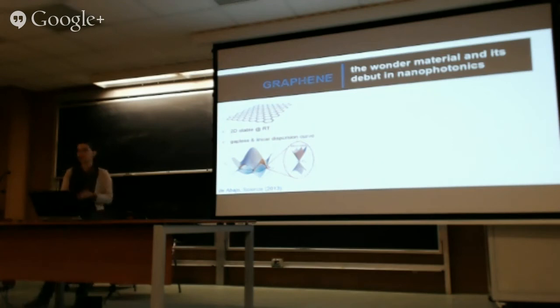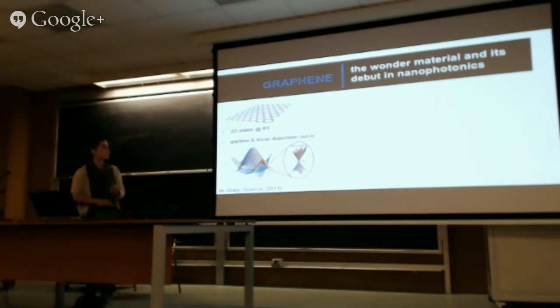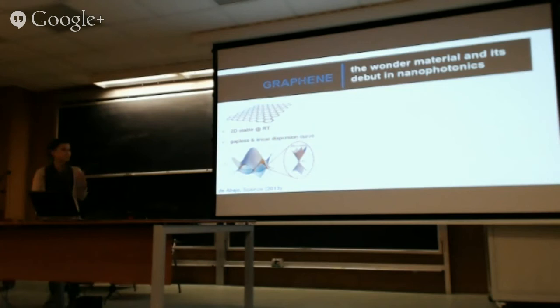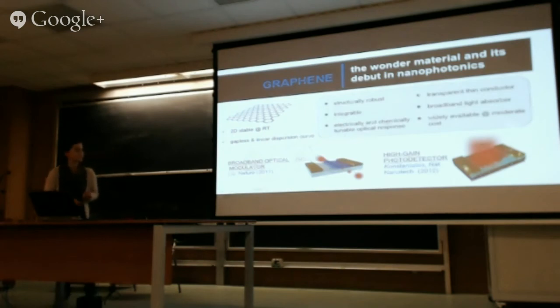These particularities and incredible properties derive from its dispersion curve, its energy band structure, shown here, which is especially a gapless band structure, and in the low energy range with respect to the Fermi energy, it assumes a conic shape and the dispersion curve becomes linear.